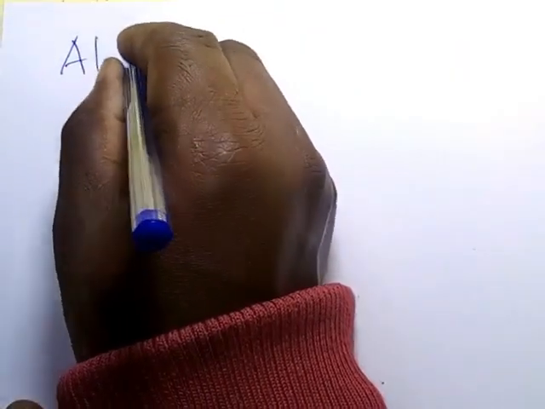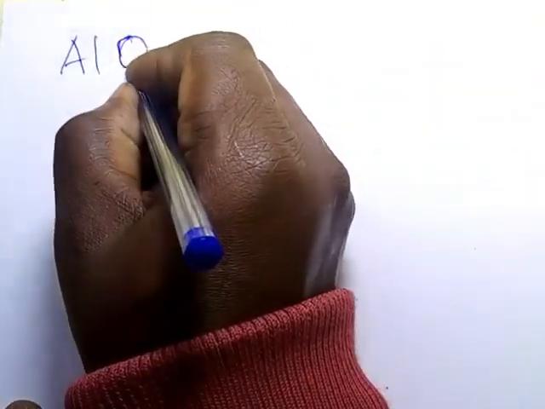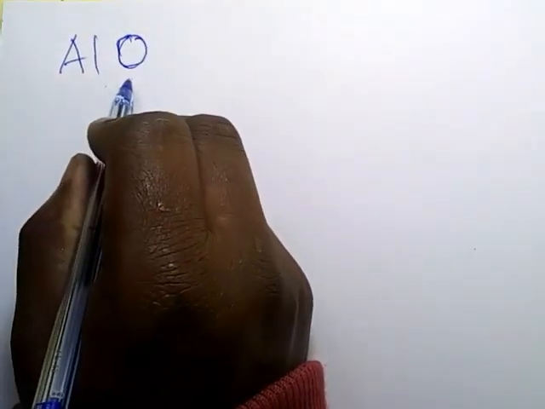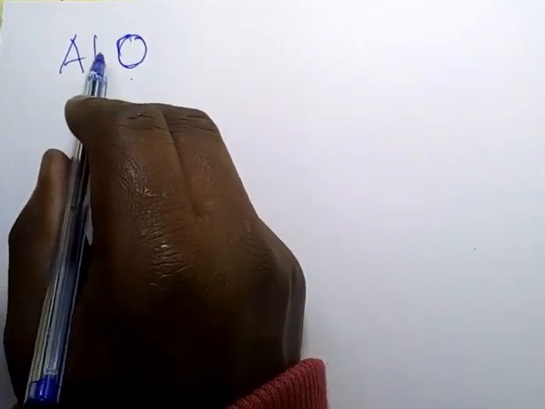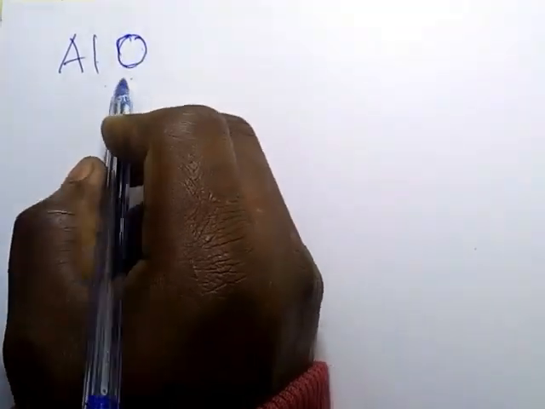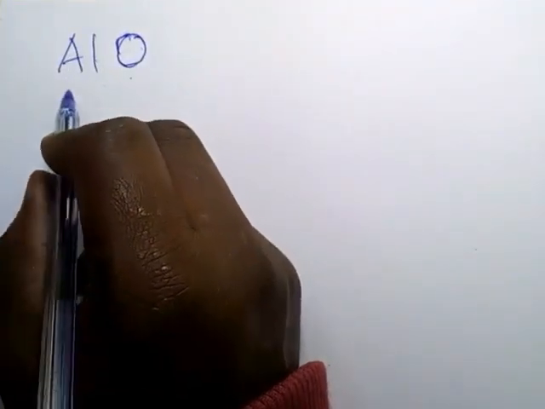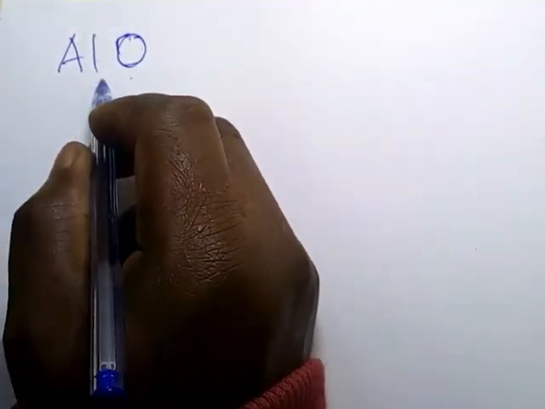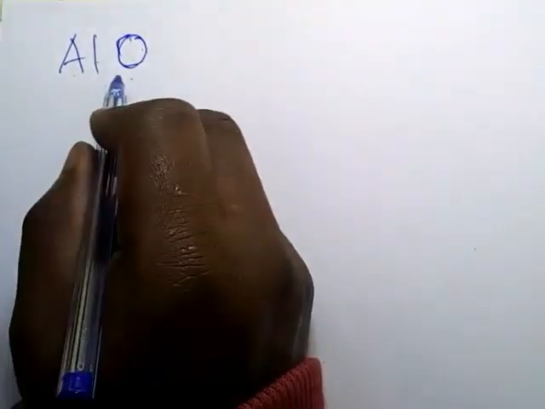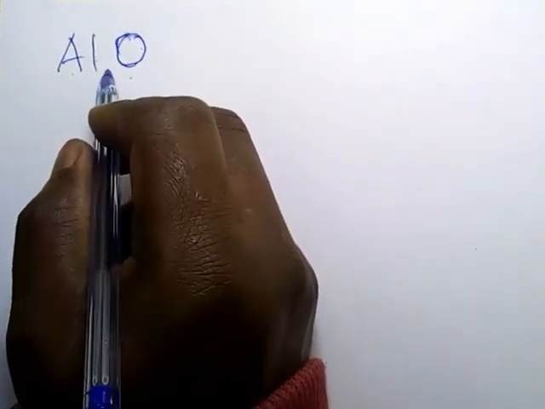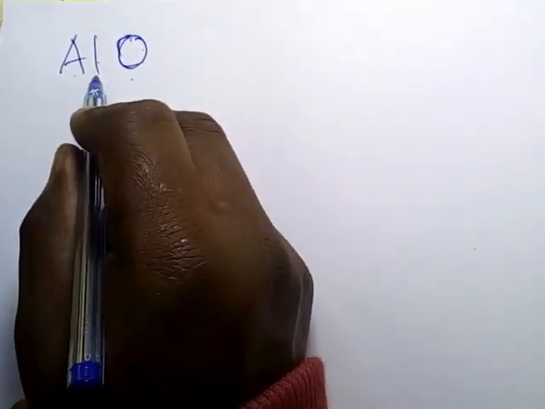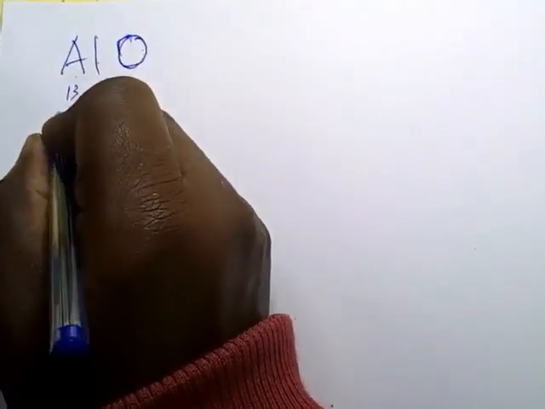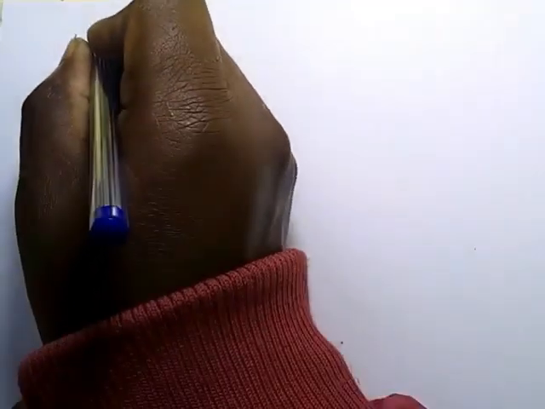Suppose I wanted to write aluminium oxide. Is this the correct chemical formula for aluminium oxide? You would be right. You have aluminium, you have oxygen, so that's an oxide of aluminium. But once you have written aluminium oxide like this, you now ask yourself, what is the valence of aluminium? What is the valence of oxygen? You already know that aluminium is atomic number 13, 2, 8, 3, so the valence is 3.